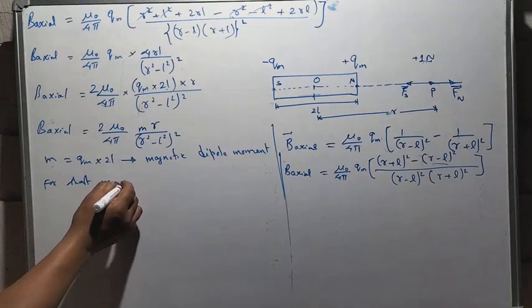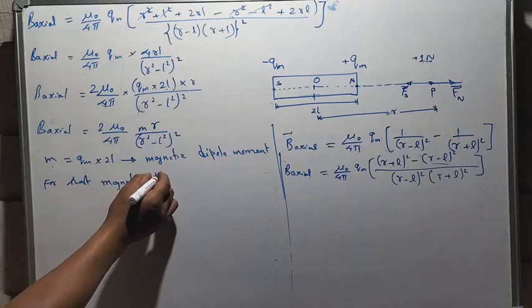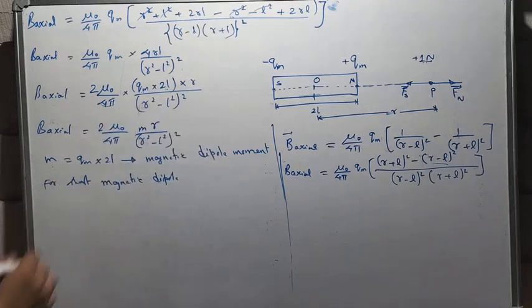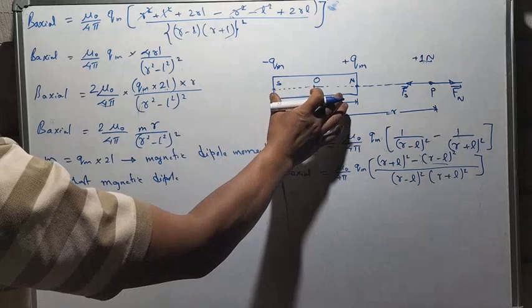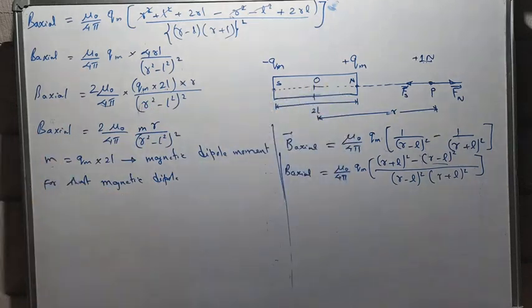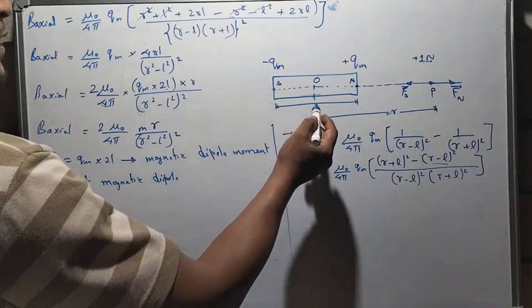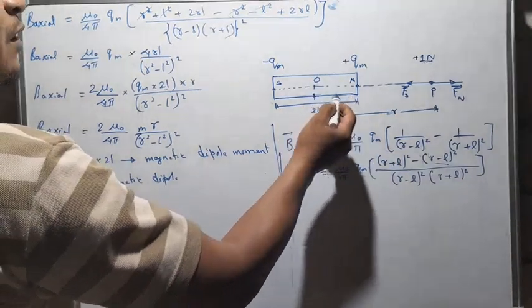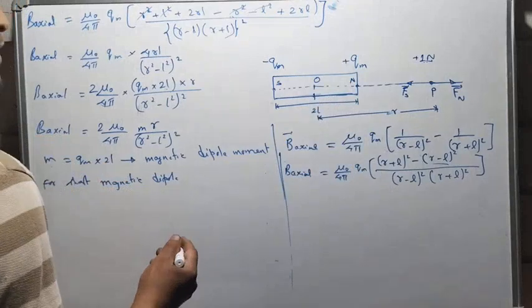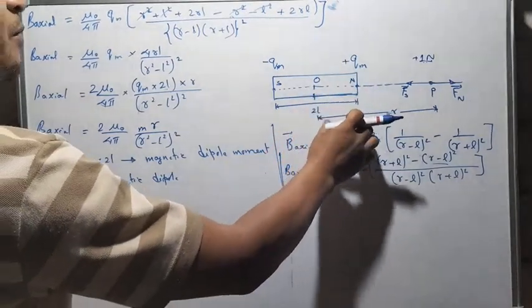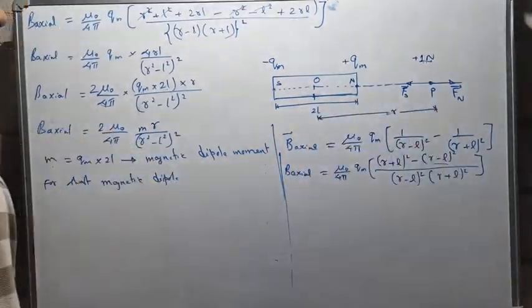Now for a short magnetic dipole, or I can say for a short bar magnet, when this magnet is very small, then this l, which is half of the length of the magnet, will be very small compared to this r.